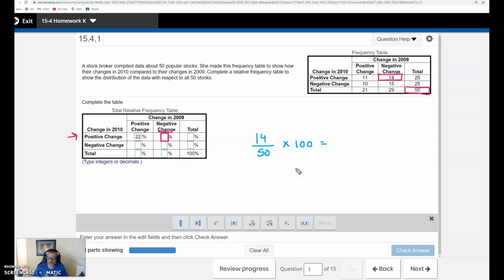So 14 divided by 50 is 0.28. And if I multiply that by 100, I get 28%. So I go here, I put 28. And then for the row total, for this box right here, I just add these two up. 22 plus 28 is 50.